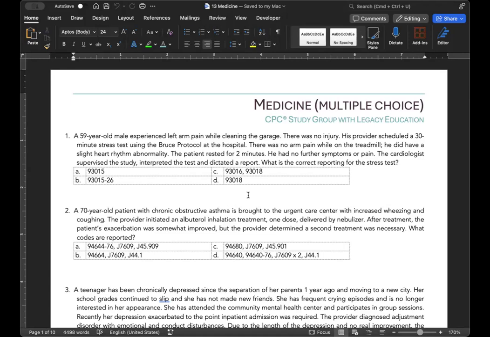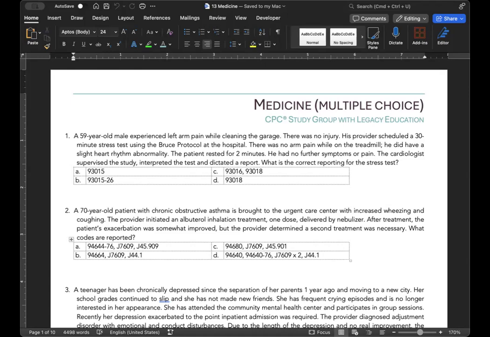Your 93015 code description is for a cardiovascular stress test using maximal or submaximal treadmill or bicycle exercise, continuous electrocardiographic monitoring, and/or pharmacological stress, with supervision, interpretation, and report. Then we have 93018, which is for the interpretation and report only, and we have one more option with 93016.